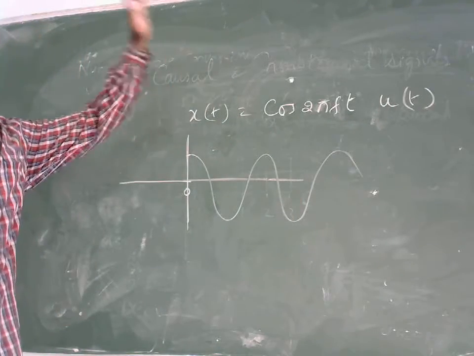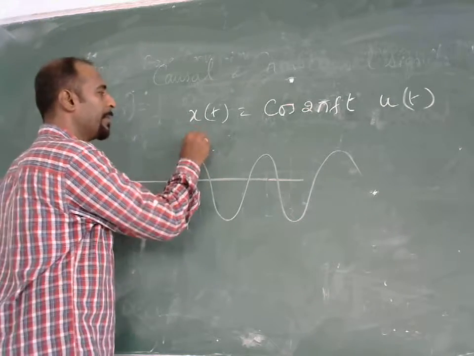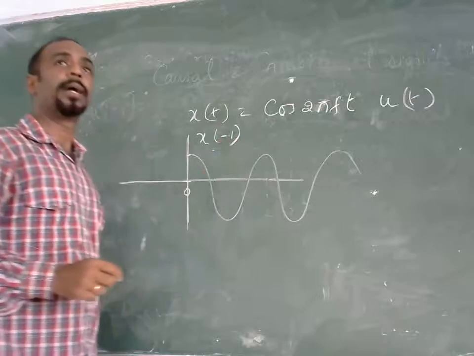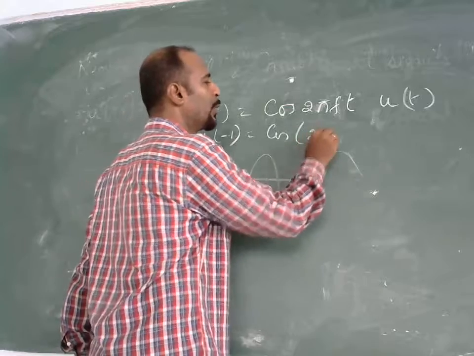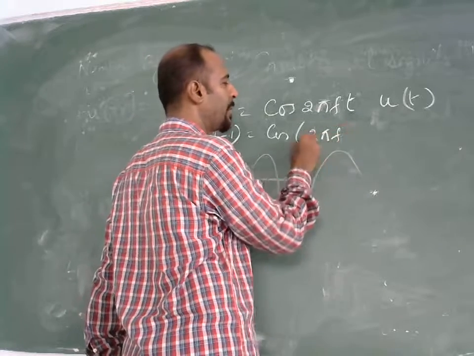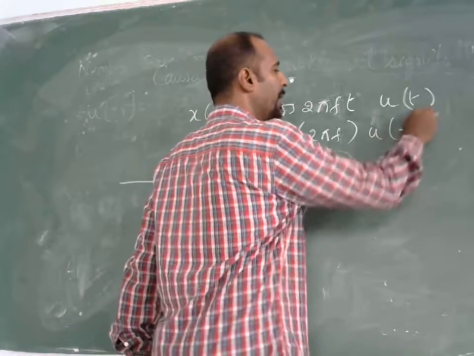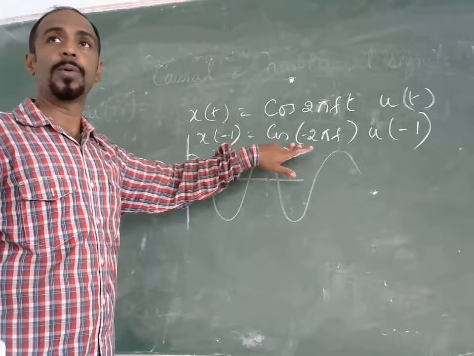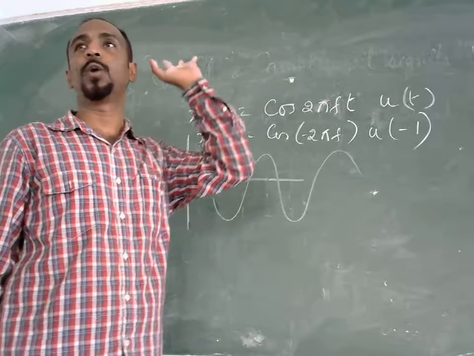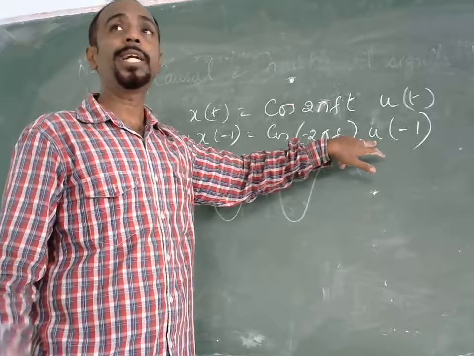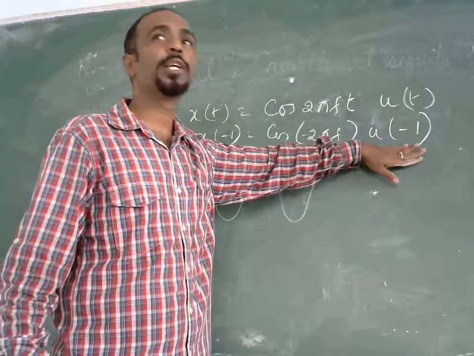Now in this, you check whether the signal is existing for negative values of t. Let us put t equals minus 1. At t equals minus 1, x of minus 1 is equal to cos of 2 pi f into minus 1, which is cos of minus 2 pi f, into u of minus 1. So this term is not 0. But what about this term? U of minus 1 is definitely 0. Why? Because u of t does not exist for negative values of t. So this is non-zero, this is 0.